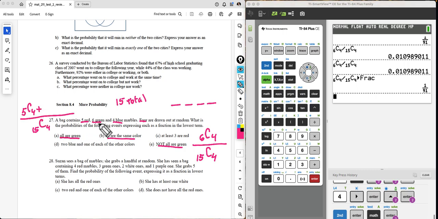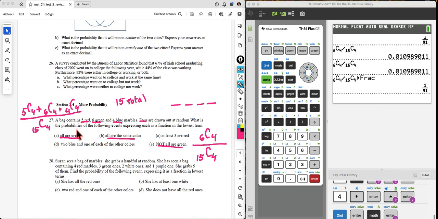Plus, what's the probability of getting all 6 green? Well, we already know, but let's go ahead and do this one. 6, choose 4. And then getting all 4 blue marbles, well, that's 4, choose 4. So these are added together because you're going to do one or the other. You either get all reds, all greens, or all blues, right?